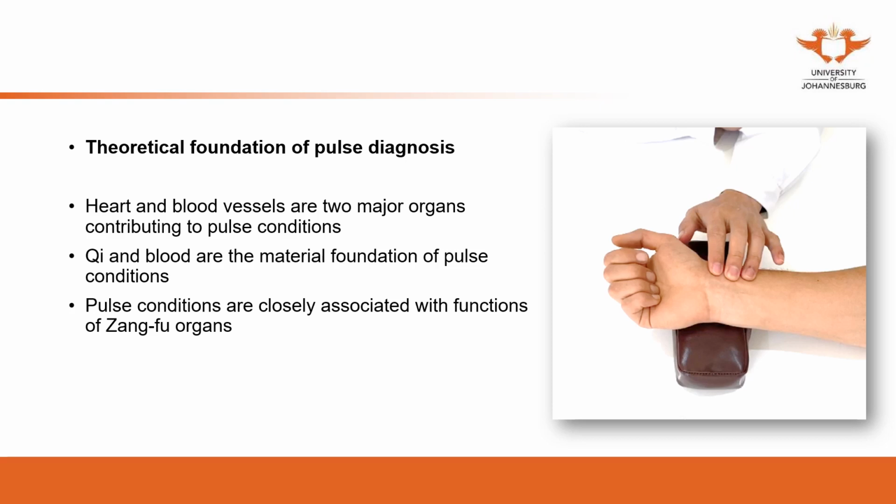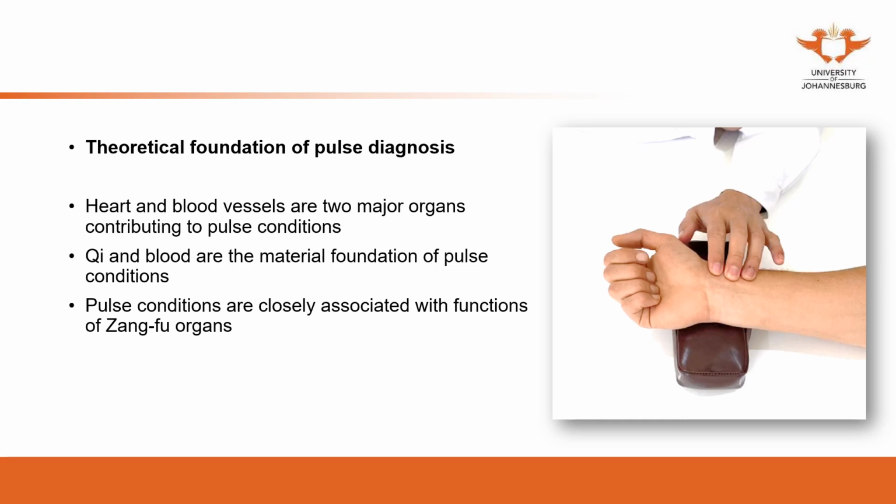The reason is we are feeling the vessels, but what's in the vessels? What can affect the feelings of the vessels? That's the qi and the blood. The volume of the blood, the quality of the blood, the property of the blood can affect the feelings from the vessel. Blood moves in the vessels, and how can the blood move?